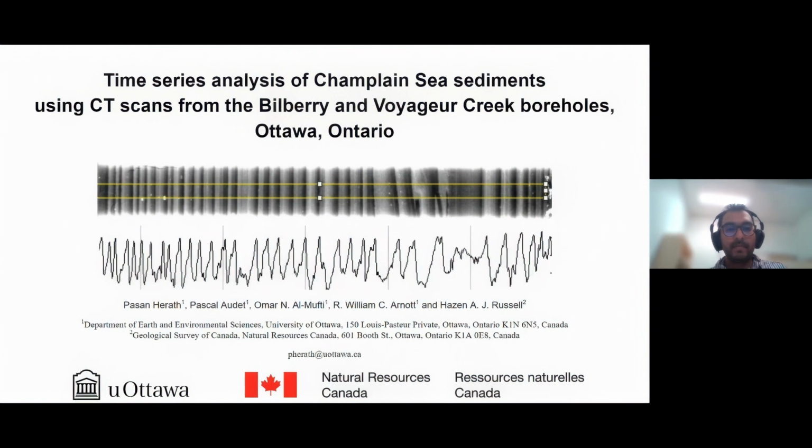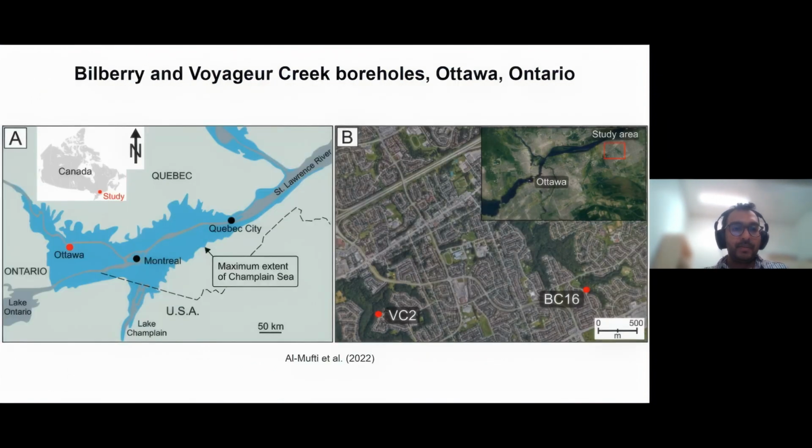This is sort of the same map that Mark showed in his presentation, and we have two boreholes in Eastern Ottawa, BC2 and BC16, and they all contain sediments from the Champlain Sea.